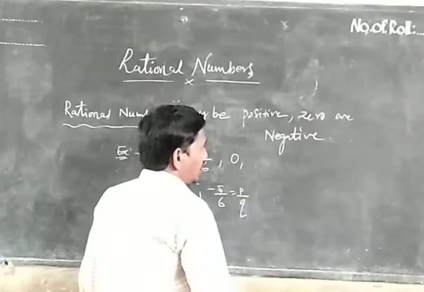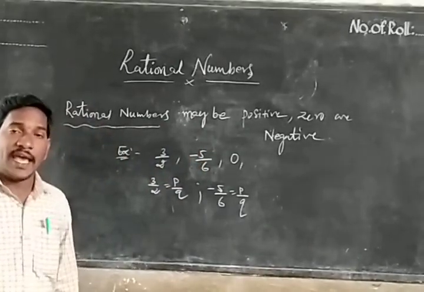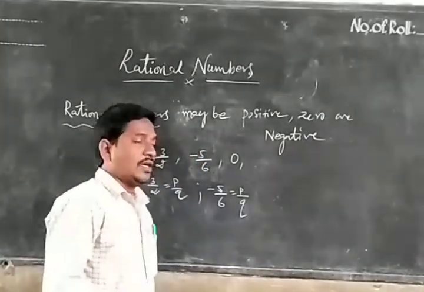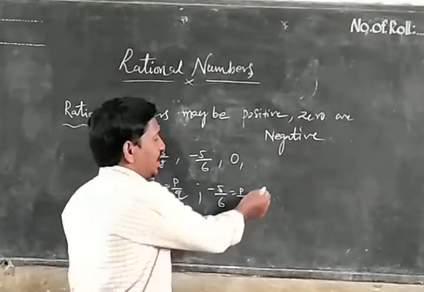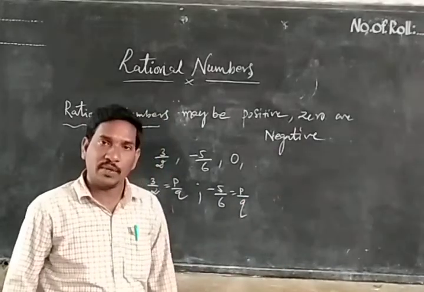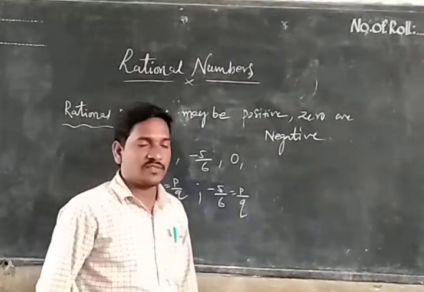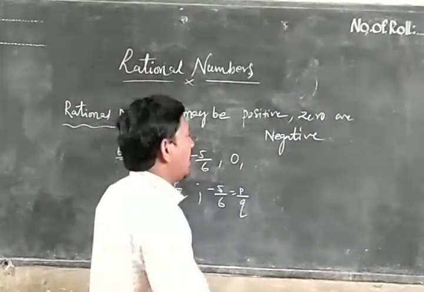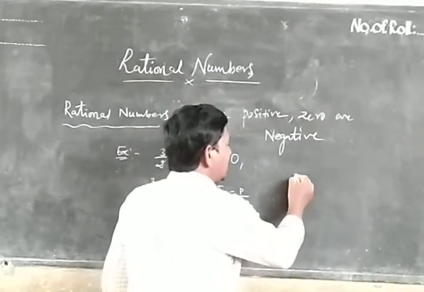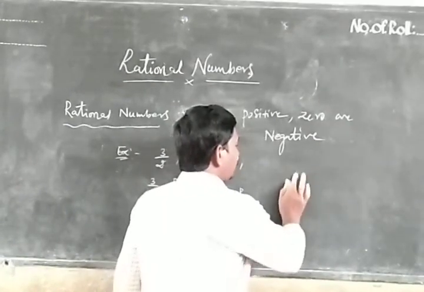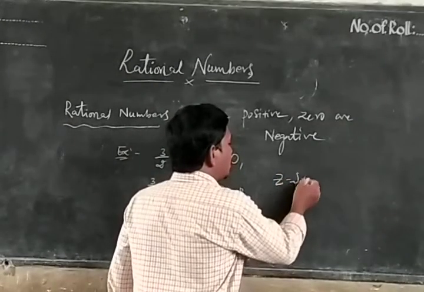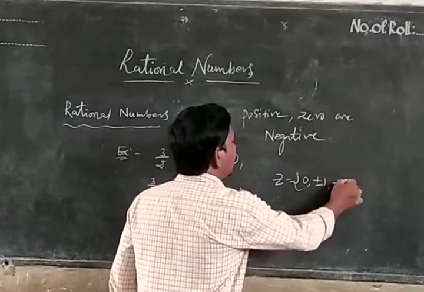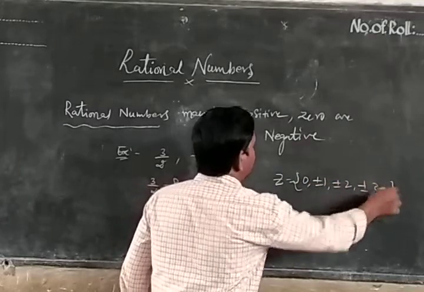We know that natural numbers are a subset of W, whole numbers. Whole numbers are a subset of integers. Integers are a subset of rational numbers. So in integers Z, we have 0, plus or minus 1, plus or minus 2, plus or minus 3, and so on.